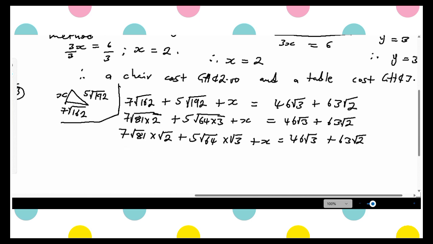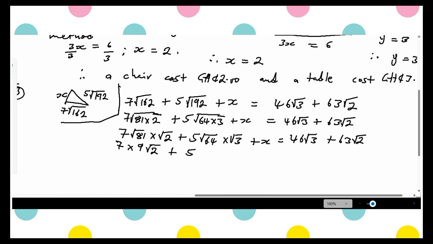Because 81 is a perfect square, and perfect squares are obtained by multiplying a number by itself, what number can you multiply by itself to get 81? That is 9, right? So the square root of 81 is 9. Then root 2, 2 is prime, so we cannot do anything to it. We're going to leave it like that.